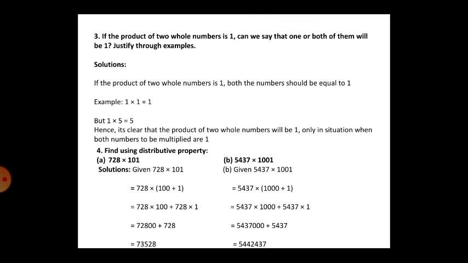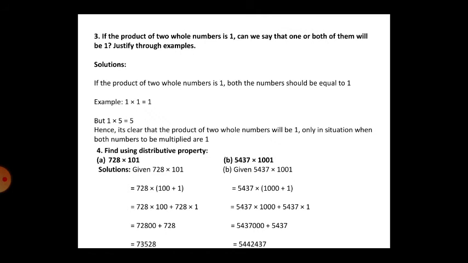Then the next step, you have to multiply the outside number 728 with the numbers inside of the bracket. For example, 728 multiply with 100, plus in the middle, plus again 728 multiply with 1.